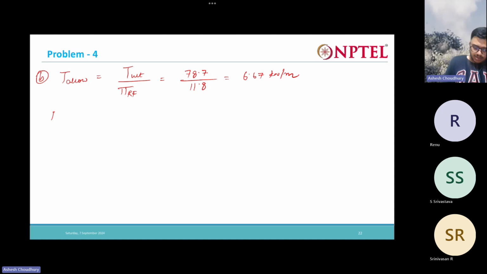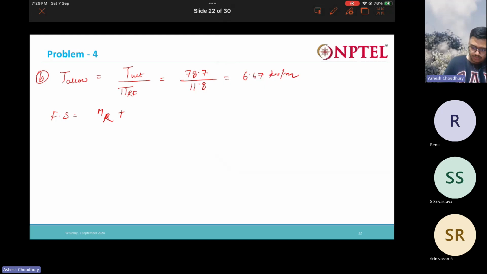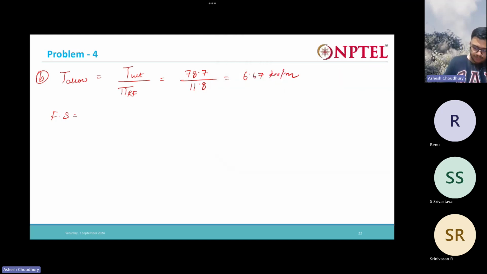For factor of safety, resisting over disturbing, since we have multiple layers, plus n number of layers.